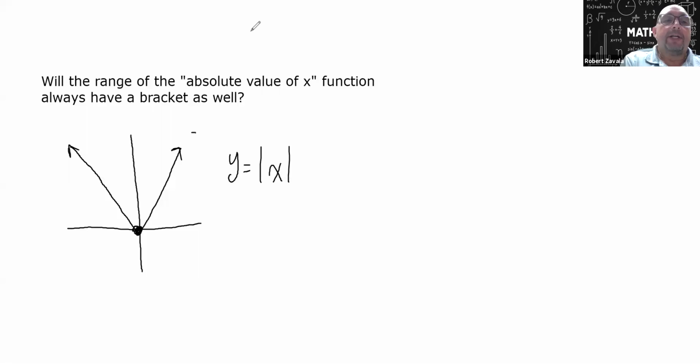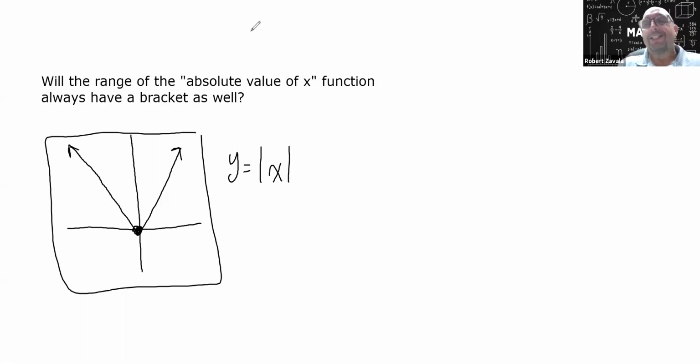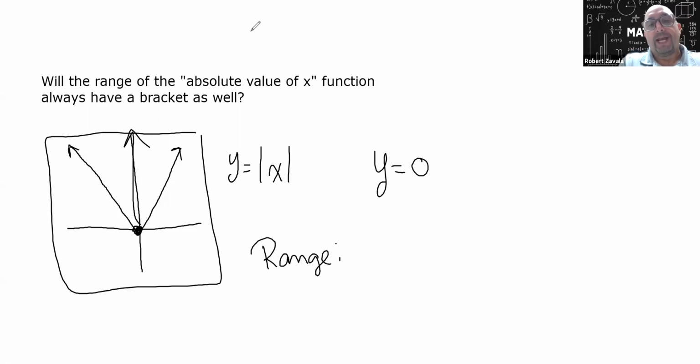So if I look at my graph here, what's the least possible y value? We see that y does equal 0. It goes from 0 all the way up to infinity. So my range for this case would be 0 to infinity.